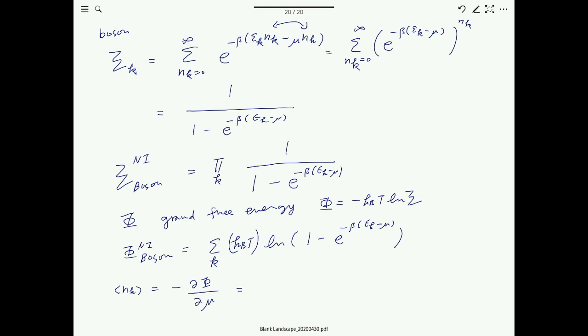You carry out this calculation and simplify it, and you get this important formula. This is called the Bose-Einstein distribution.